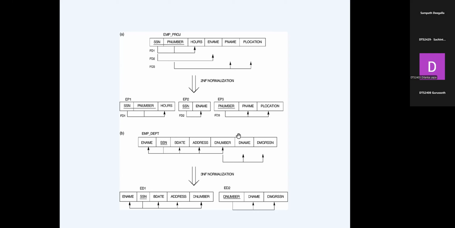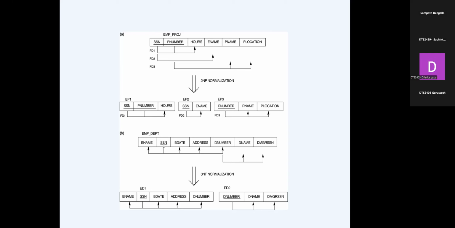Now let's look at this example, the B example here. We have the relation called employee and department. We have employee name, social security number, birth date, address, department number, department name, and department manager social security number. You can notice that this is the primary key.